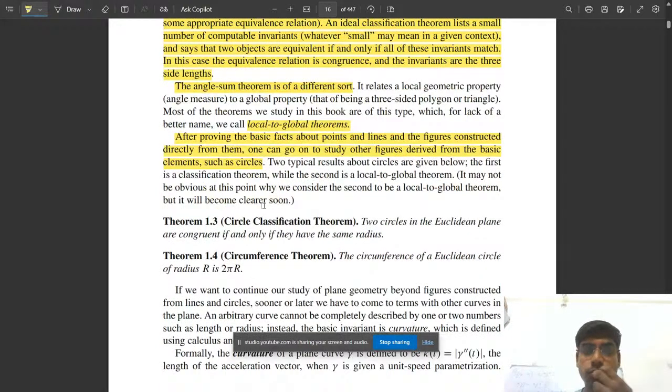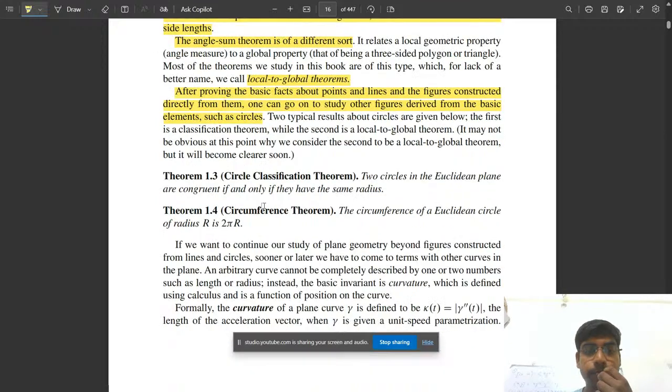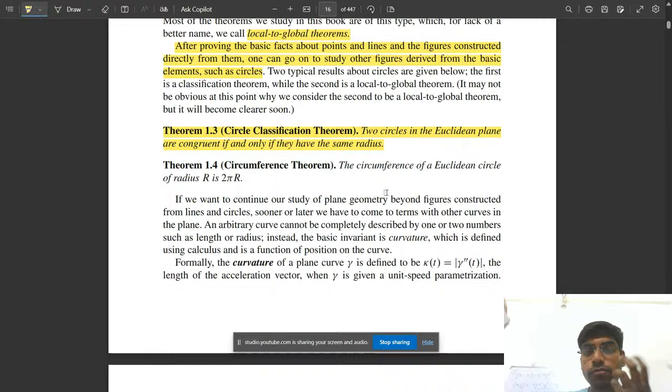So let's start with Theorem 1.3, which is the circle classification theorem. Two circles in the Euclidean plane are congruent if and only if they have the same radius, right? This is so easy, so nothing is new in that.